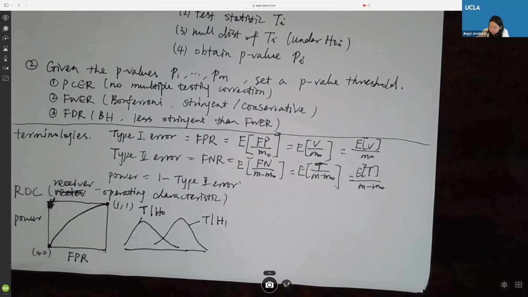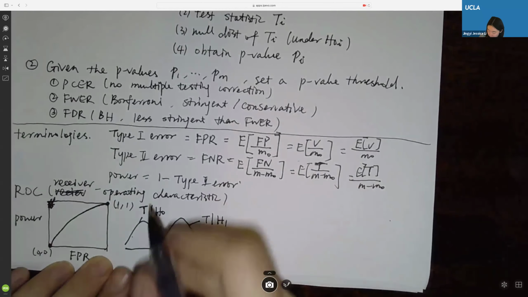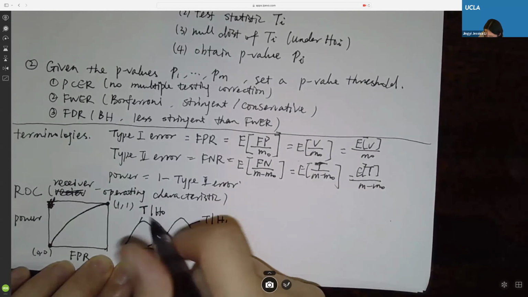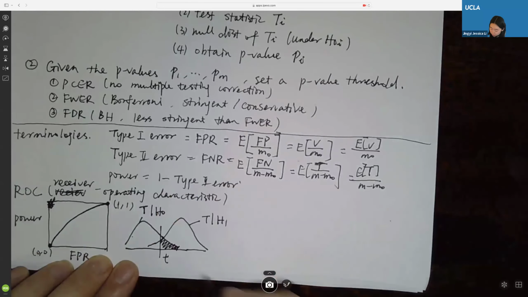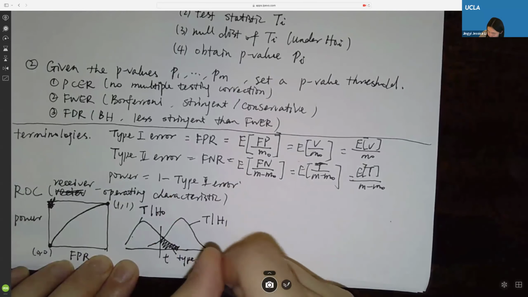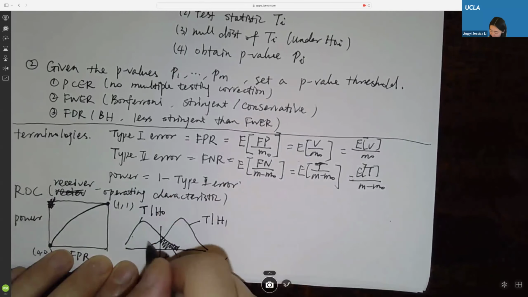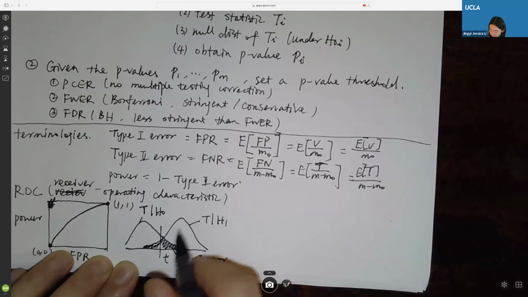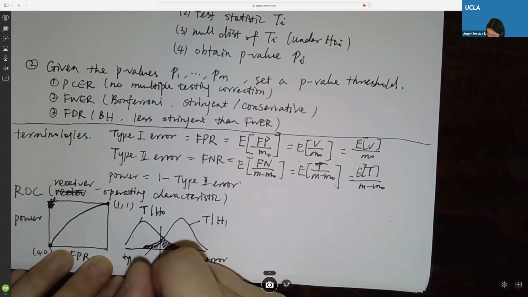Essentially, if we cut our decision threshold here, then to the right of this T under the null distribution, this area would be my type 1 error, because that's when the null hypothesis holds, but we make a rejection. And to the left of it, this is under the alternative, where we should make a rejection, but when it's less than T, we don't. This is our type 2 error.